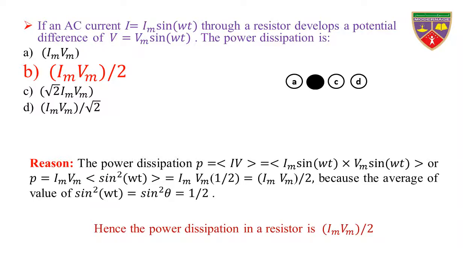Hence, the power dissipation in resistor is ImVm divided by 2.